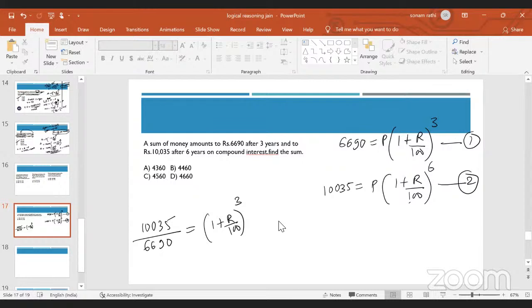What will I get? I will get 3345 upon, 6690 divided by 3, so I will get 2230, into (1 plus R by 100) to the power 3. Okay, what else can I do?